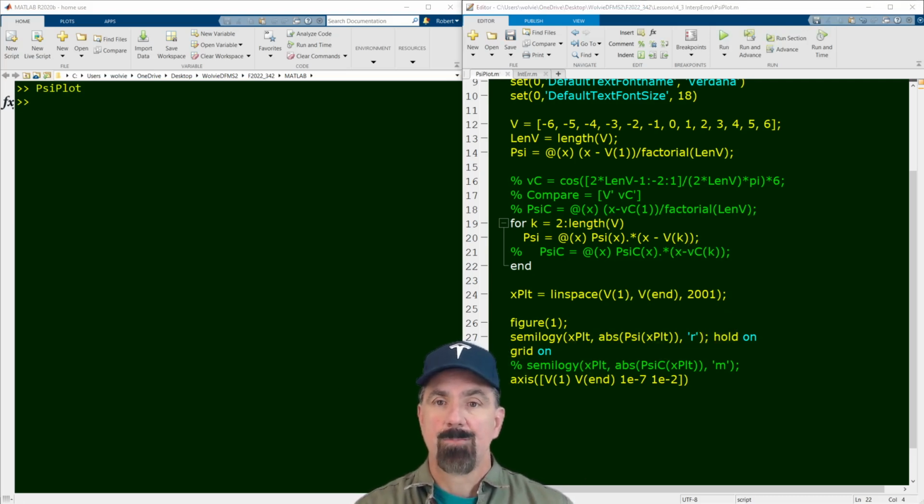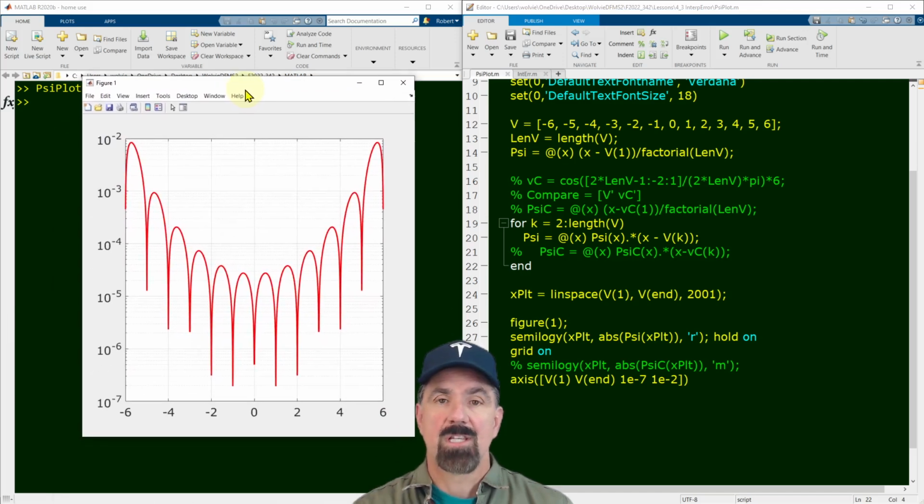So in this case, we have an error plot that looks exactly like what we saw in the textbook. We have the 13 nodes from -6 to 6 equally spaced, and we see the same type of problem with significant errors at the ends of the interval. It's worth pointing out that the worst location is not quite halfway between the 6 and the 5. Let me see if I can have the point come up here.